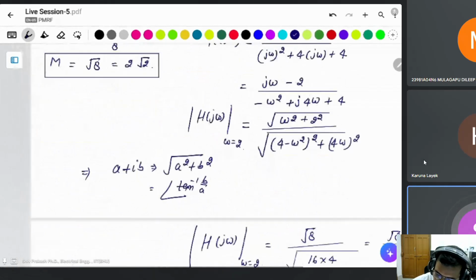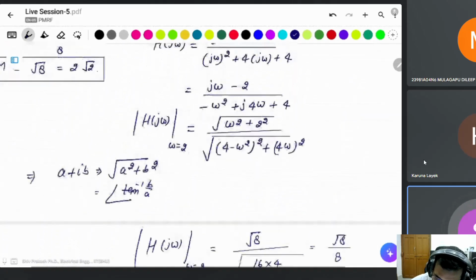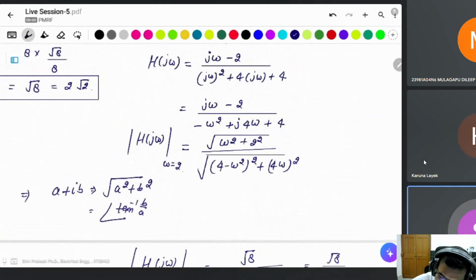Then we have to find the angle at omega equal to 2. First of all, find the angle of this one, j omega minus 2.